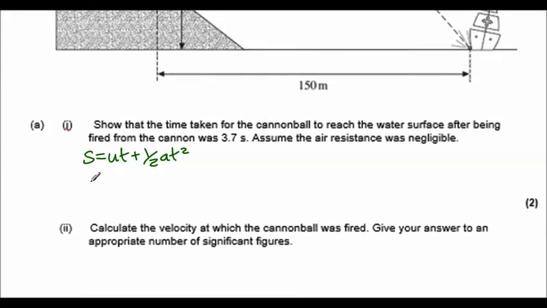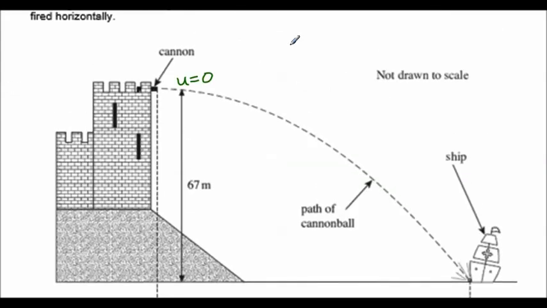So it's just going to be s equals at squared over 2. Move that around a bit, you get t squared is equal to 2s, the distance, divided by a, which we'll take as being acceleration due to gravity. So we can pretty much assume here that g is 9.81 meters per second squared.